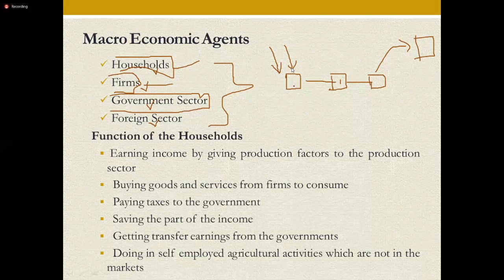They give the production factors and they finally consume the goods, buying goods and services from firms to consume. Paying taxes to the government is also a task of households.